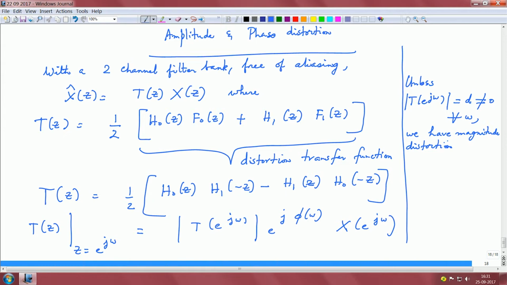Unless this is some constant, if I know it is a constant gain, then I can just attenuate that gain. I can just use some amplifier to adjust my gain accordingly if it is a constant gain. If not, if the gain varies across frequencies, then I have amplitude distortion.